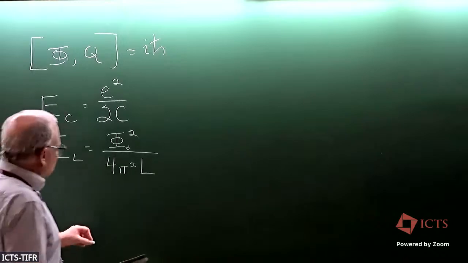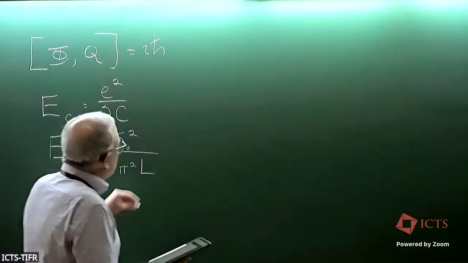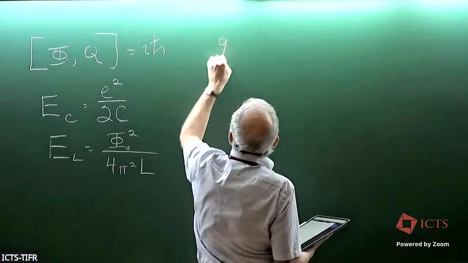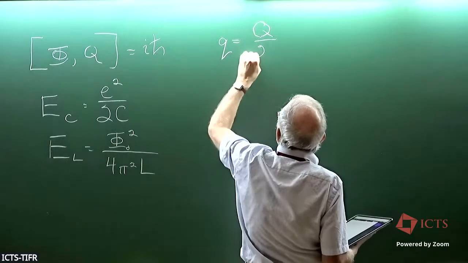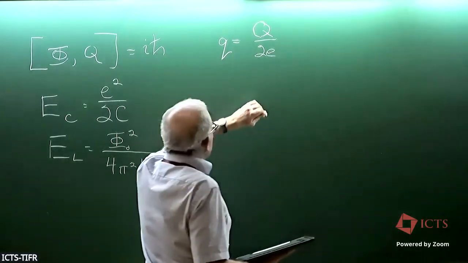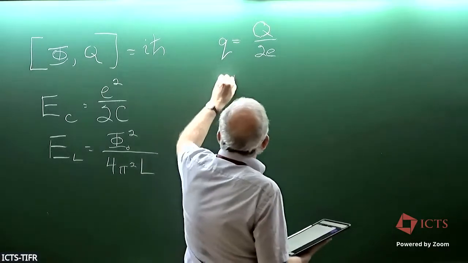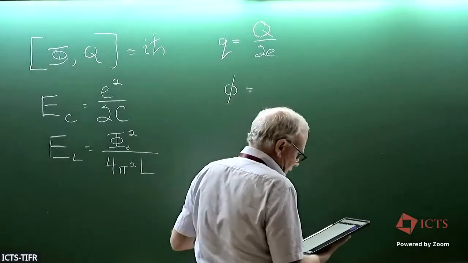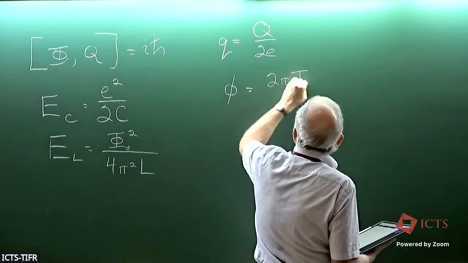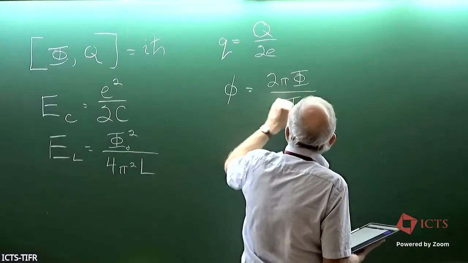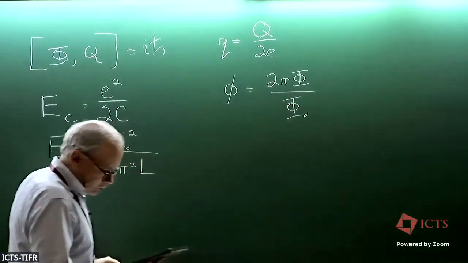And then you can introduce some dimensionless variables. So here's Q, which is the charge measured in units of not electron charge, but Cooper pair charge. And then there's a phi, which we'll call a phase, of course, which is this flux variable measured in units essentially of the flux quantum with an extra 2 pi.